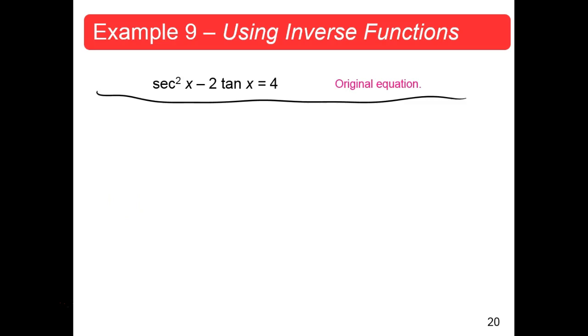Find all the solutions of sine squared x minus 3 sine x minus 2 equals 0 in the interval from 0 to 2 pi. Okay, in other words, the first period.